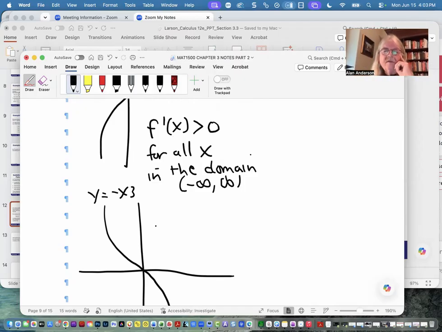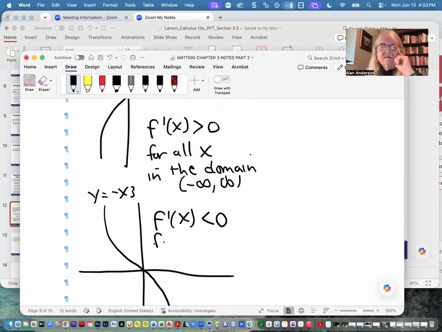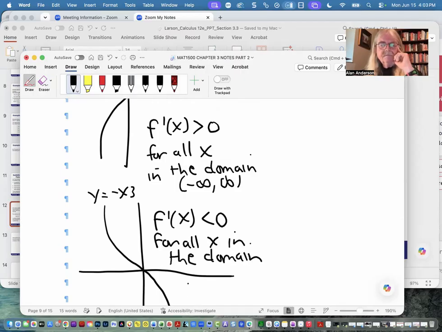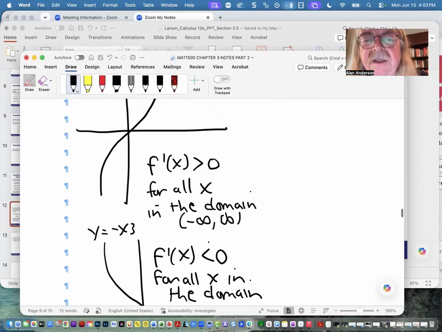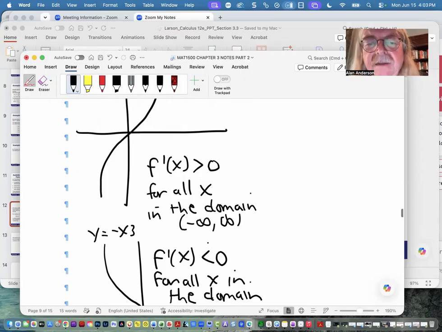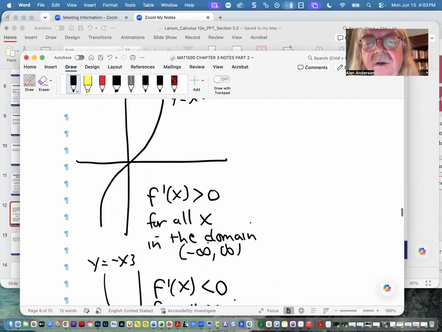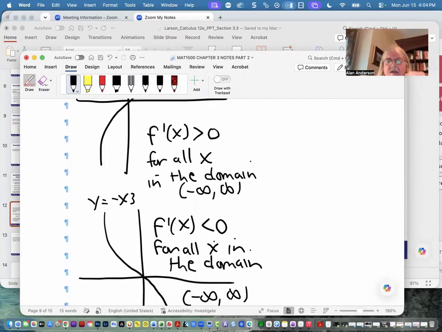Here, the first derivative, or the slope of the tangent line, is negative for all x in the domain, which is the real number line. So no matter where I choose to put a tangent line, it'll have a negative slope. And so therefore we say, or you can describe it, as monotonically decreasing.